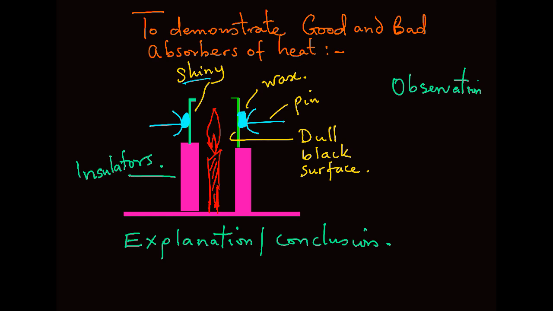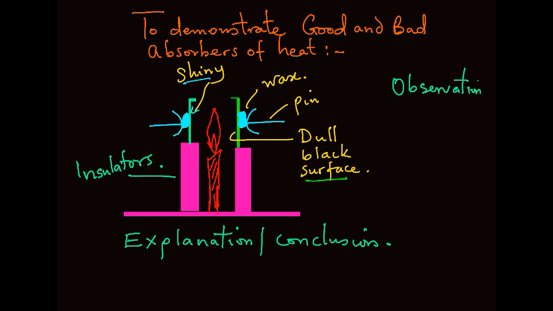So we have the dull black surface and a shiny surface. The candle flame must be halfway between the surfaces in order to get good results.